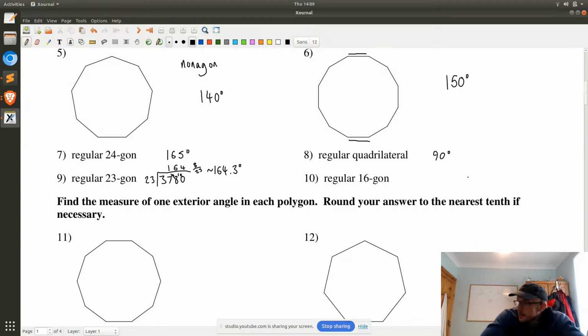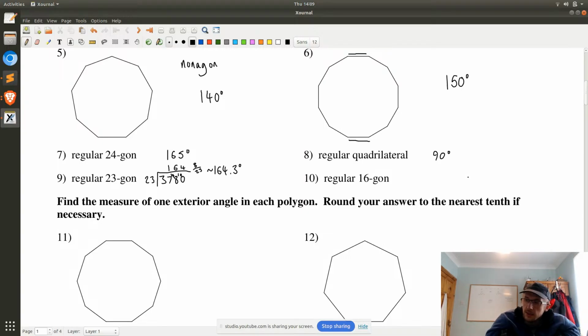For a regular 16gon, 16 minus 2 is 14, and 14 times 18 is 252, but I don't know if that's right. Anyway, 252 divided by 16, it's about 16 because 16 squared is 256. But this is not right.